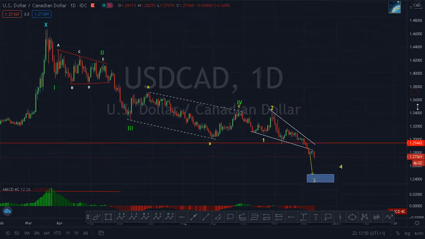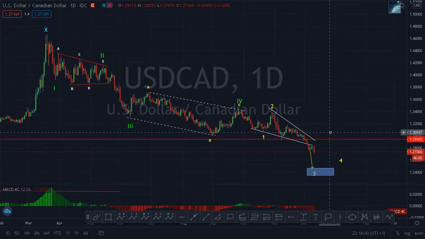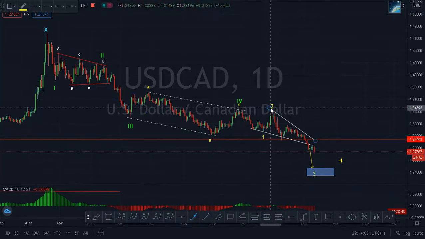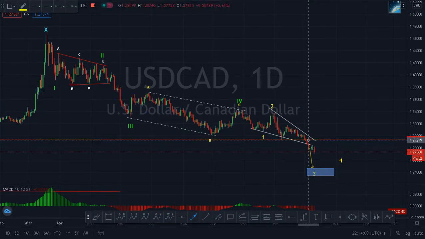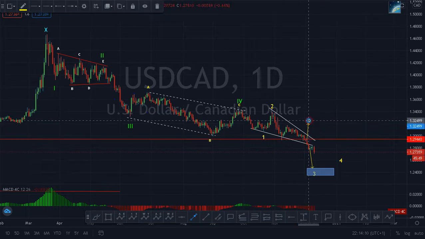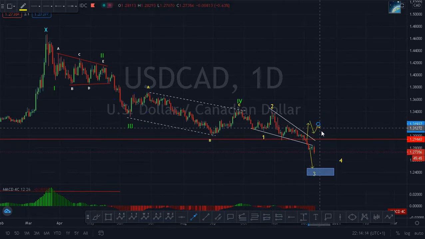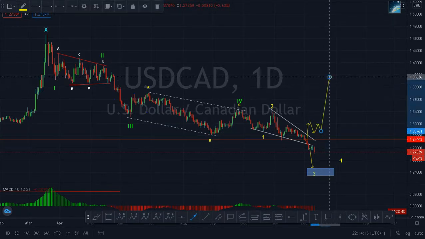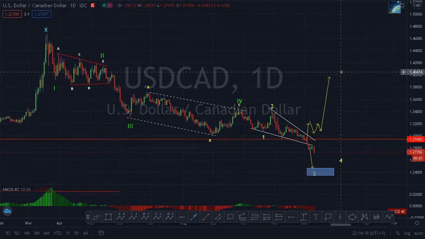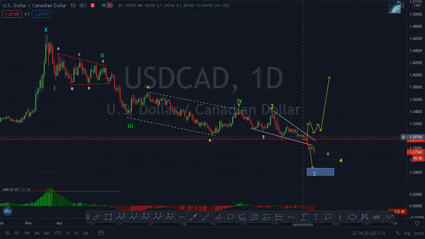This movement is unusual. It is very, very unusual. 90% of the time, whenever this type of structure is formed, you will see something like this. But in this case, you can see it keeps going down because of this scenario.